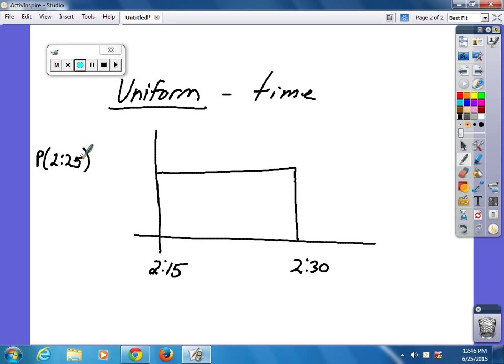Well, the first thing you got to do is find the height and the width of this rectangle. You already know the area. What is the area? 1. So this probability. Probabilities go up to what? 1. Okay, so which one can we find without doing any calculation?